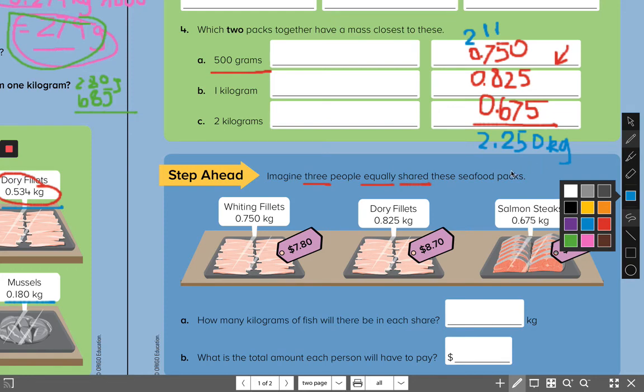Remember, I have to multiply this value by 1000, which is basically shifting the decimal point 3 spaces to the right. 1, 2, 3. So, in other words, I'm going to have 2,250, and I will want it divided by 3.